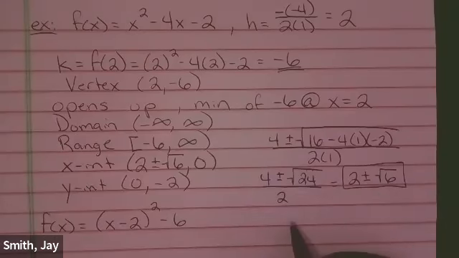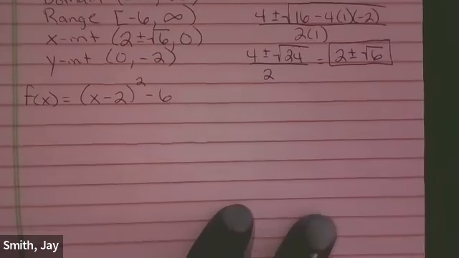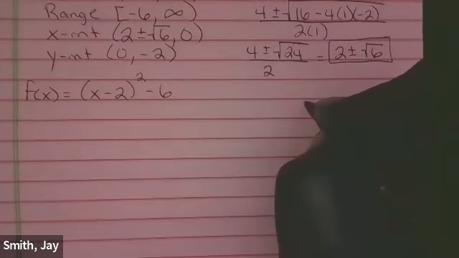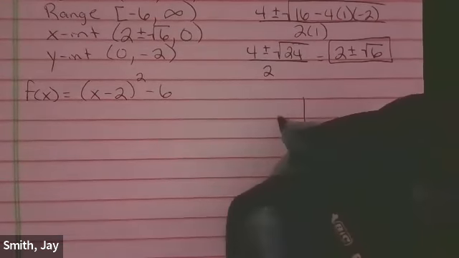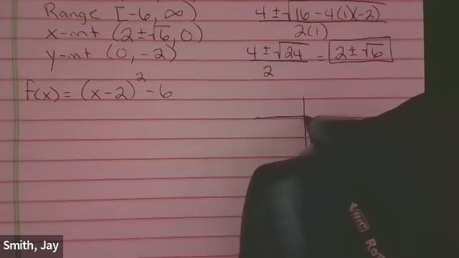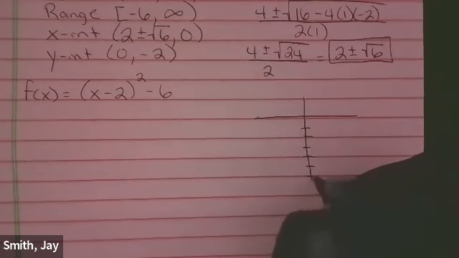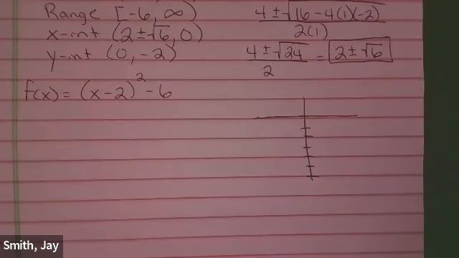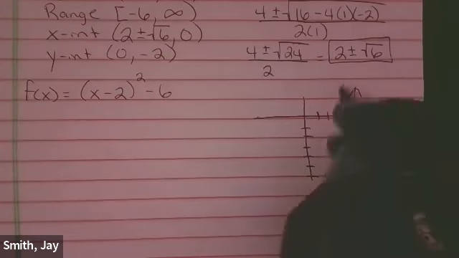And if we're graphing this, we know we have a minimum. Our vertex is at the ordered pair 2, -6. So we go to the right 2, down 6. It's going to be the lowest point on my graph because we know it's a minimum. This will actually be good enough for a sketch of our graph.